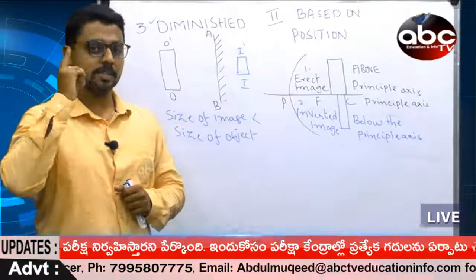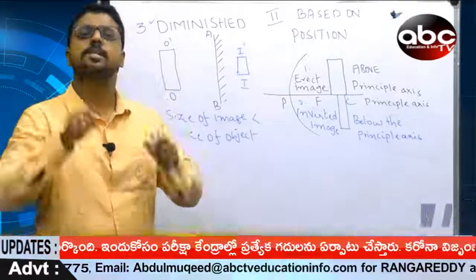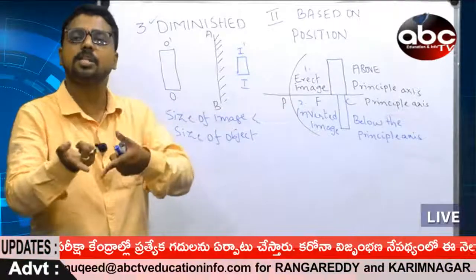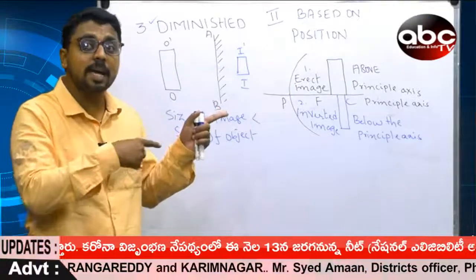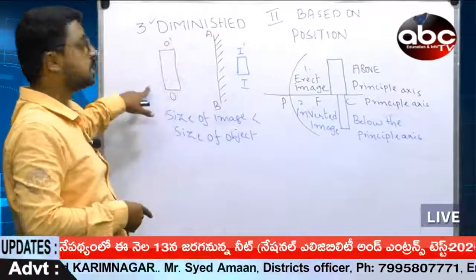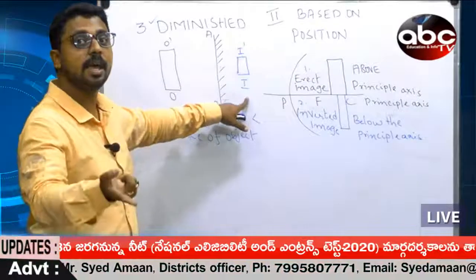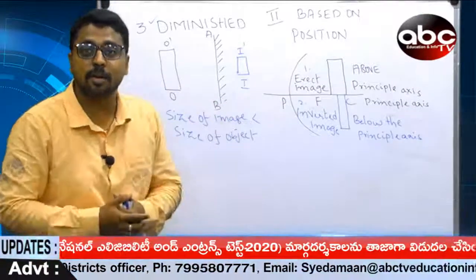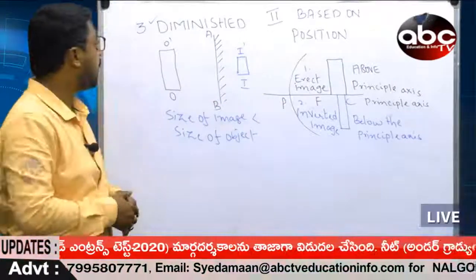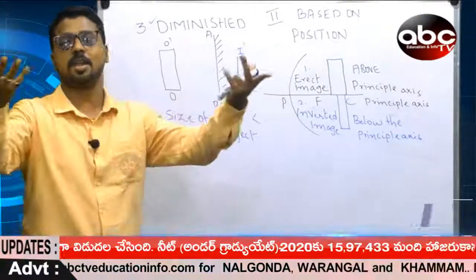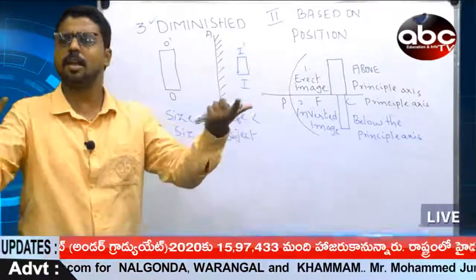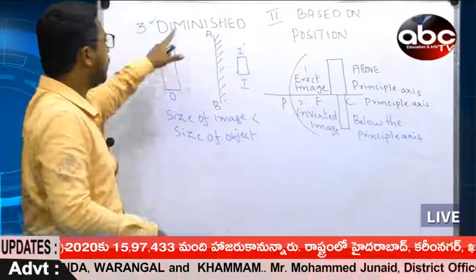The first one is equal sized, where LHS is equal to RHS. Where LHS is greater, that is diminished. LHS is object, RHS is image. Mathematical students, you can also remember it like this. And where LHS is lesser and RHS is greater, it is enlarged. These are the three types of images.